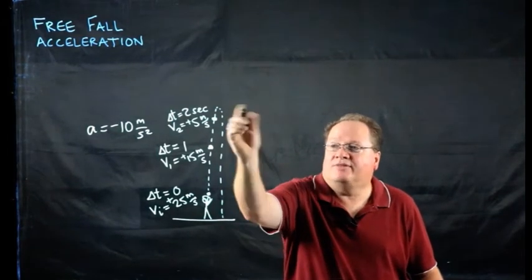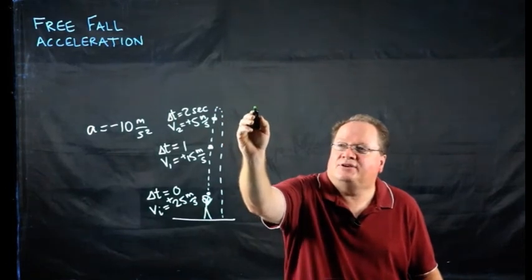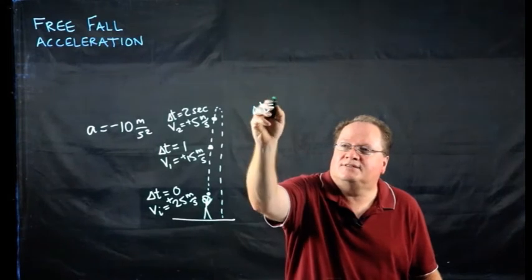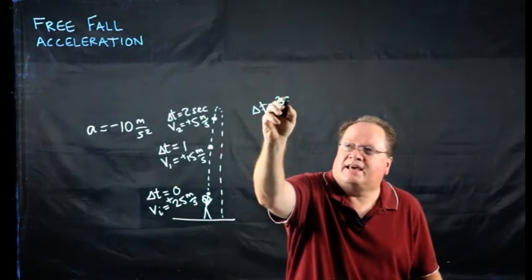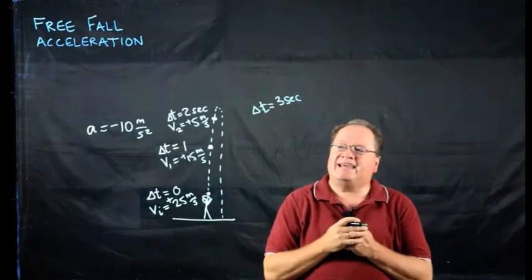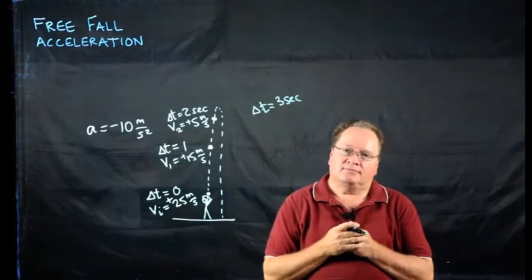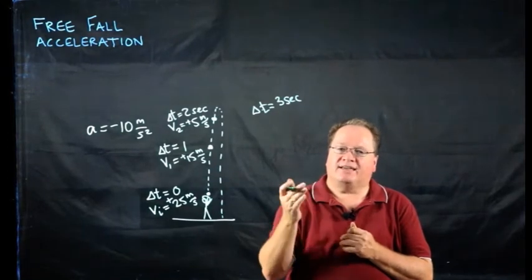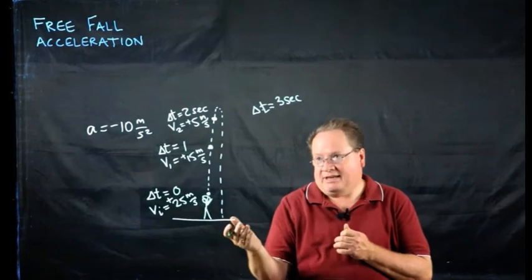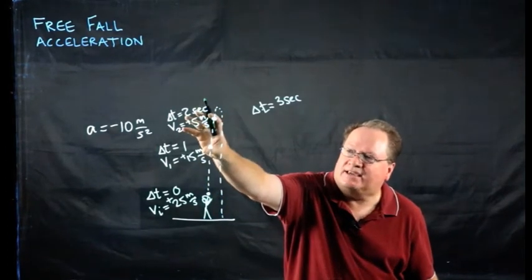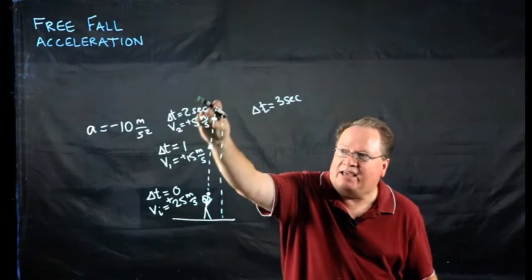Now, I'm going to draw it on this side, and I think you'll see why in a minute. So our delta t is 3 seconds. If each second were changing by negative 10, how much change would we see after 3 seconds? Well, it'd be negative 10 for the first second, another negative 10 for the second second, so we change by negative 20.